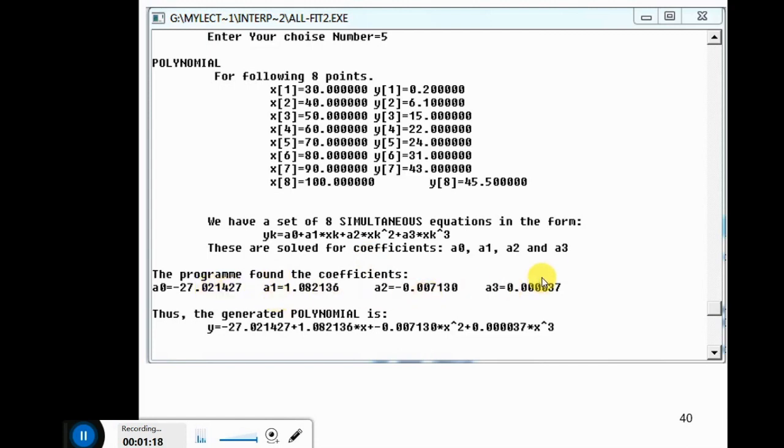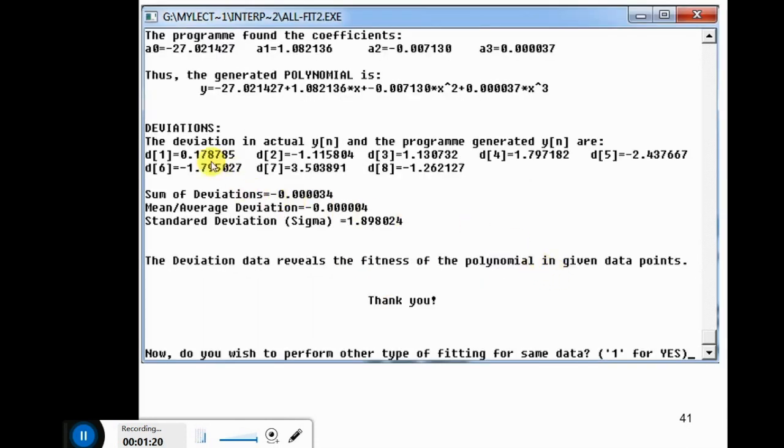And you can see the best fit polynomial of third degree is like this, and the sum of deviations is quite small, the mean deviation is yet small, and the standard deviation is further small.